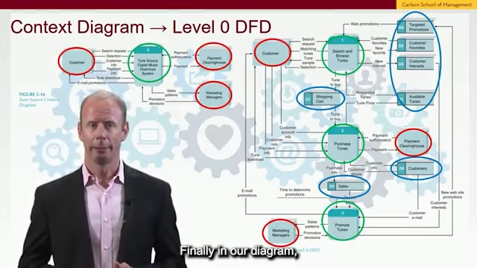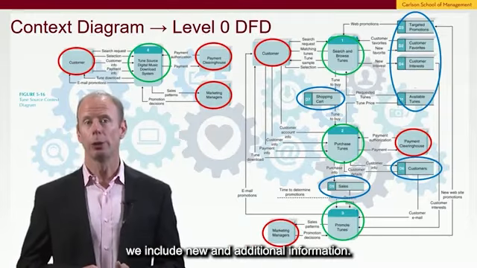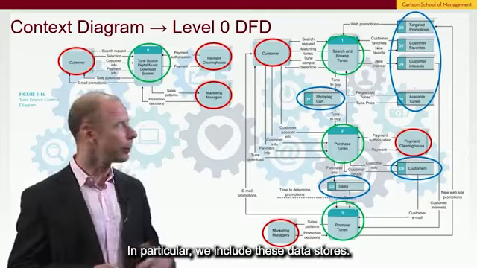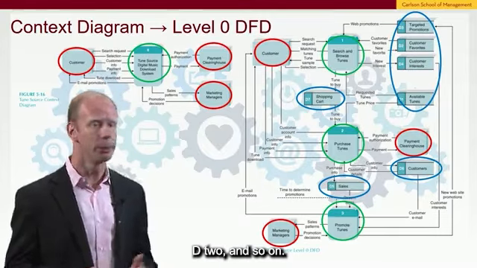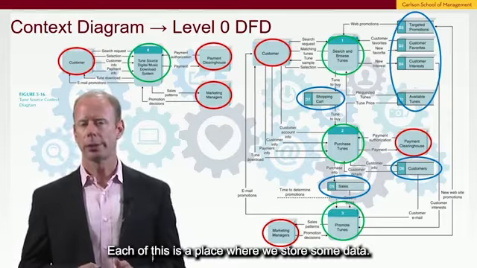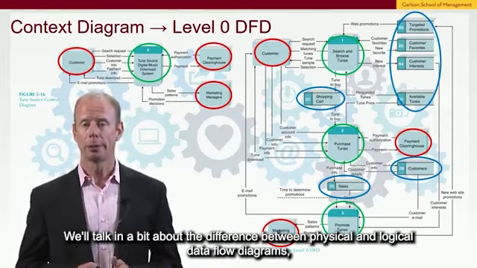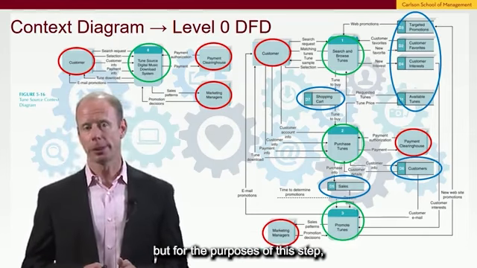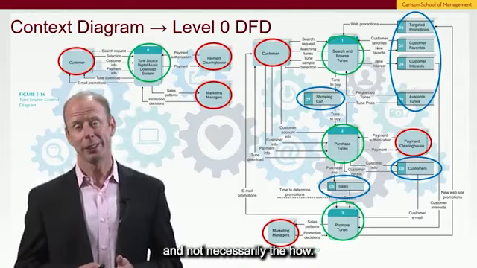Finally, in our level 0 diagram, we want to make sure that we include new and additional information. In particular, we include these data stores. You see them here labeled with things like D1, D2, and so on. Each of these is a place where we store some data. We'll talk in a bit about the difference between physical and logical data flow diagrams, but for the purposes of this step, it's important that the data stores represent the what and not necessarily the how.